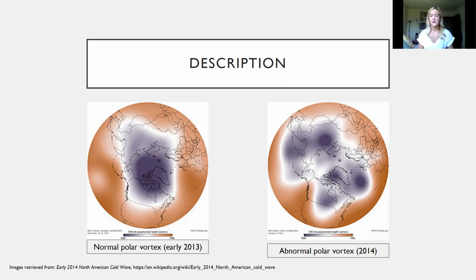And the image on your right shows the expansion of the polar vortex across North America, and you see that the purple and white regions are extremely enlarged compared to what they would normally be. This kind of gives you an idea of the disastrous effect that this had on the region, especially because it's almost doubled in size.